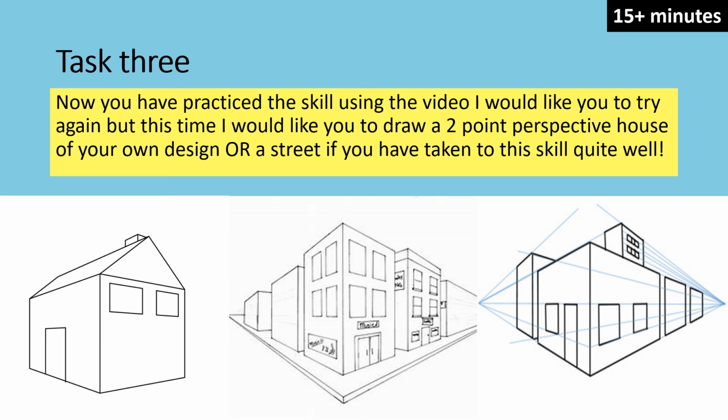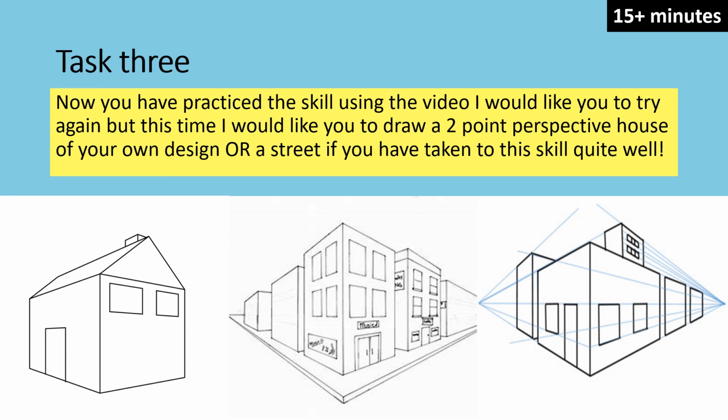I really don't mind. But the thing you have to really focus on here, guys, is the convention, is the skill of 2-point perspective. Again, if you're not too sure, the video might be played a third time if you ask very politely, or it could be played in the background.